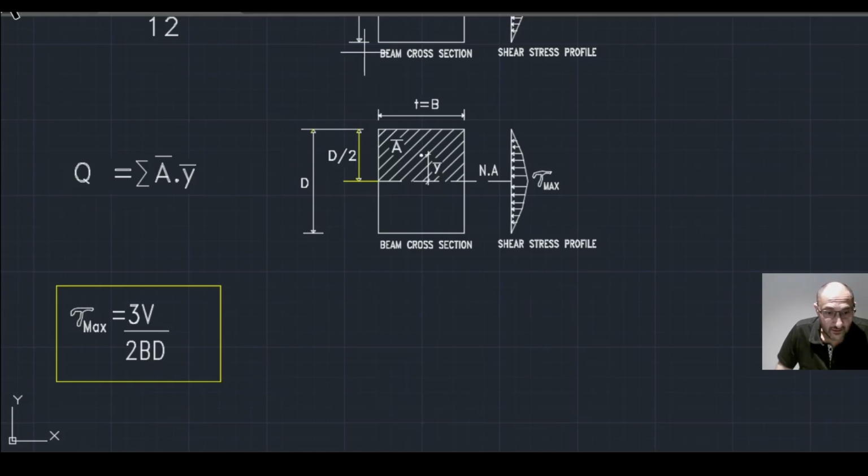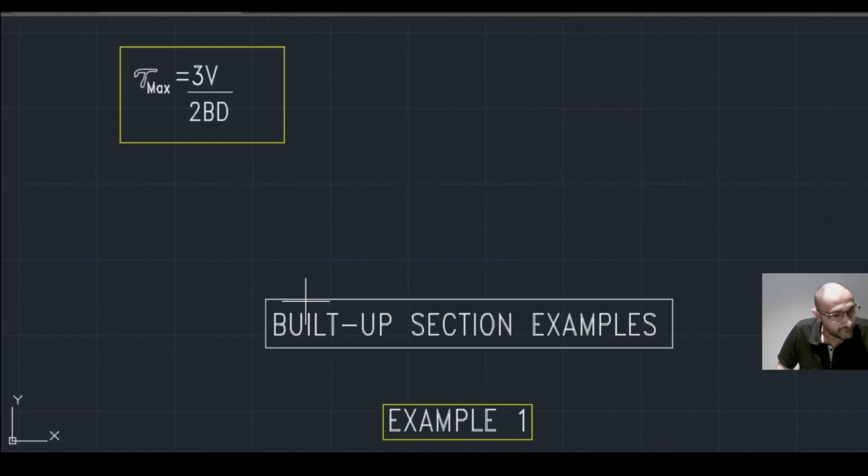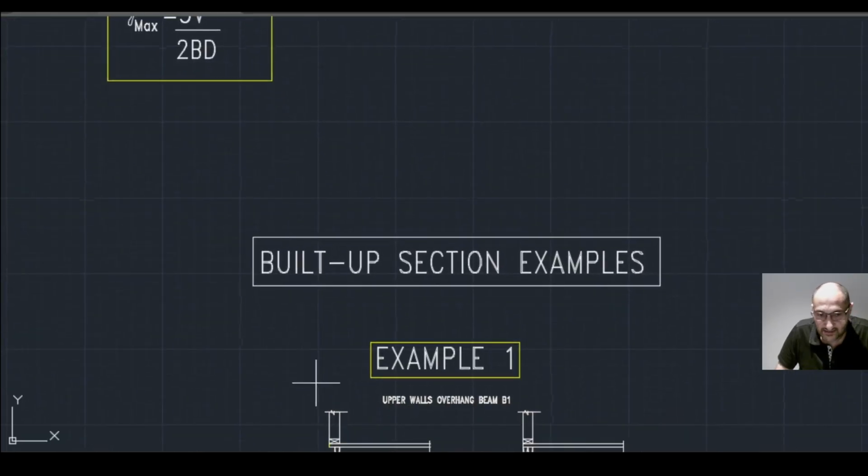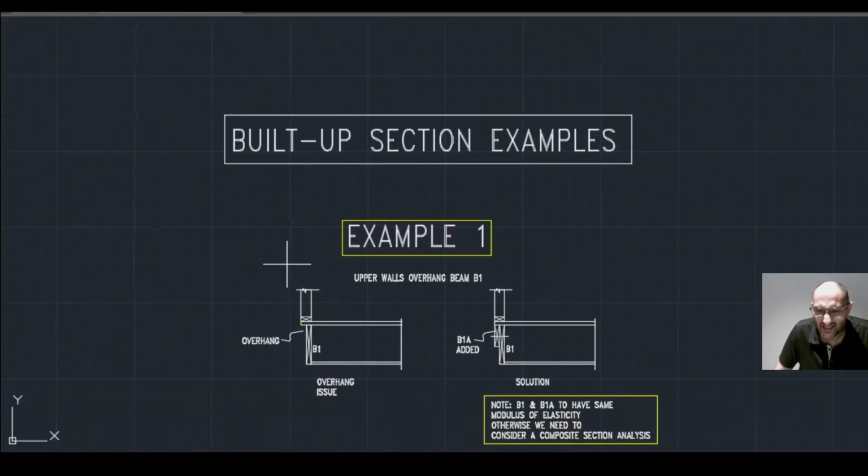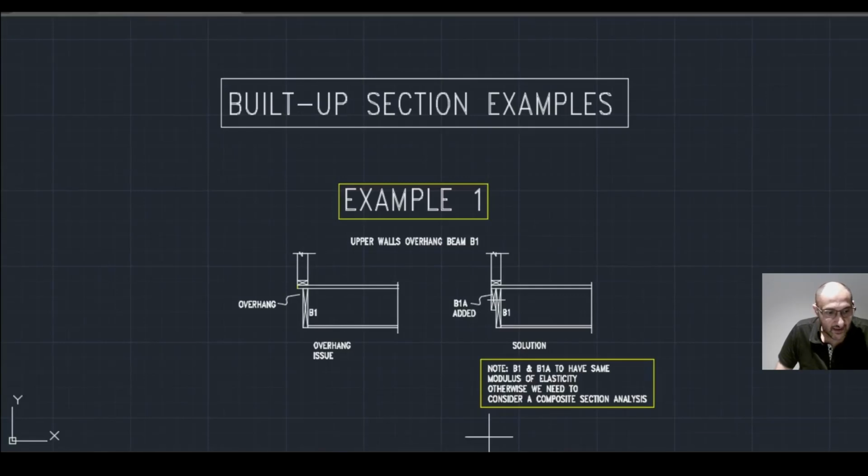Okay, now let's get to the exciting part. Evaluating shear stress is extremely important when we mainly have built-up sections. Here are some real-life examples which I have also worked with that we need to consider the shear stress formula. The first example is very common in residential building settings, where we have an upper wall overhanging a lower floor beam, B1 in this case.